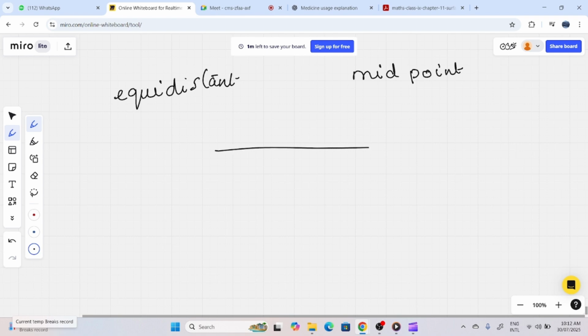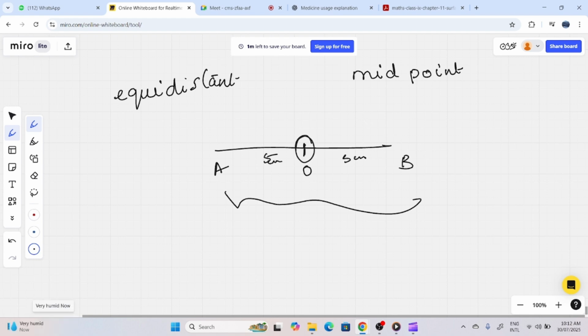If there is a line AB and this is O, if I say the whole AB is like this is 5 centimeter, this is 5 centimeter, this is the midpoint. Please understand it properly. This is the midpoint.